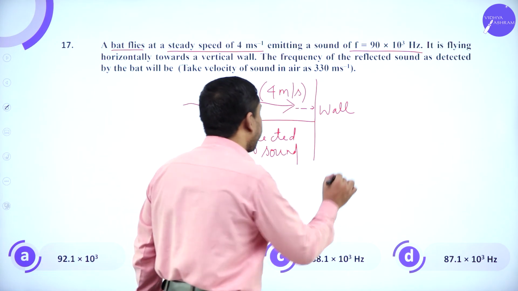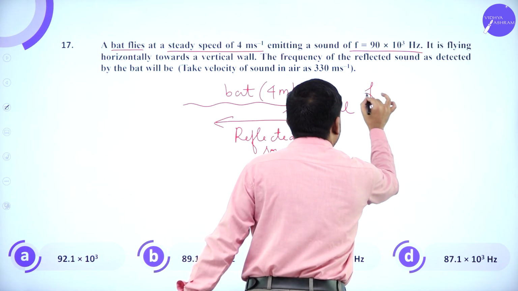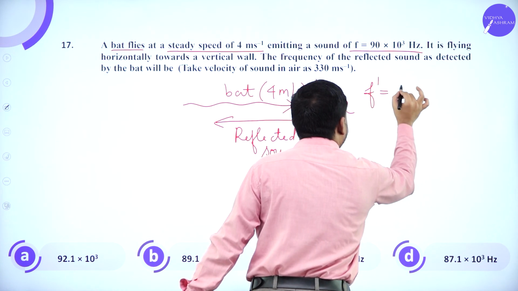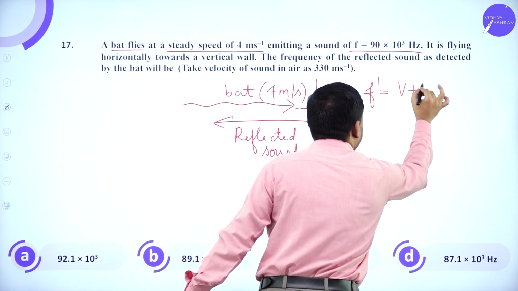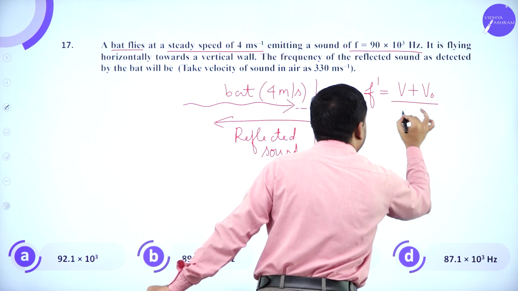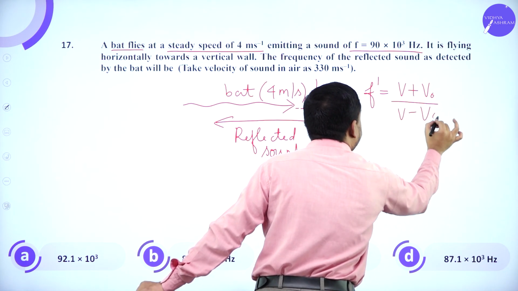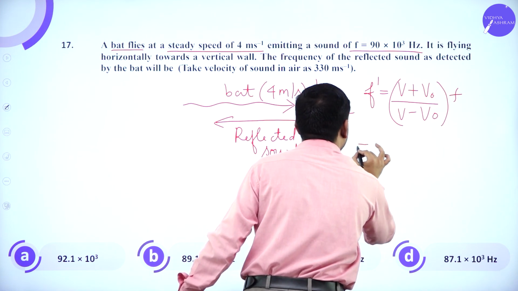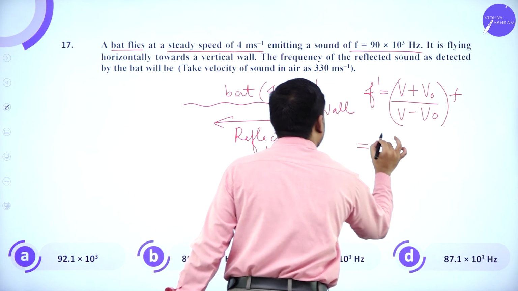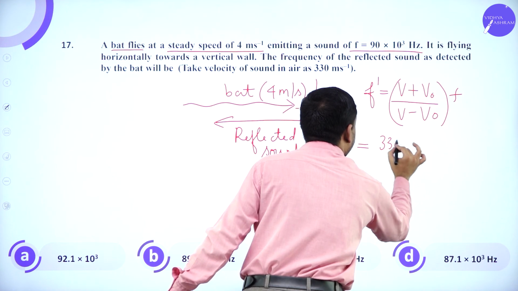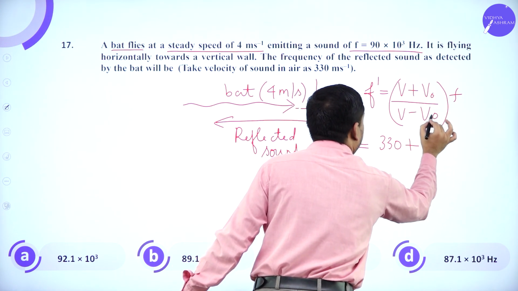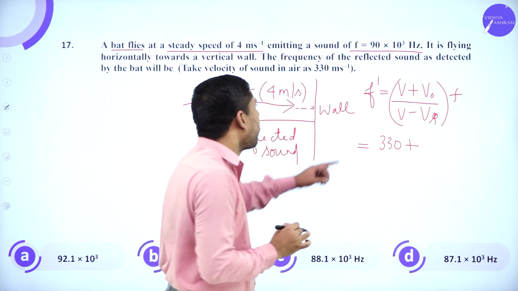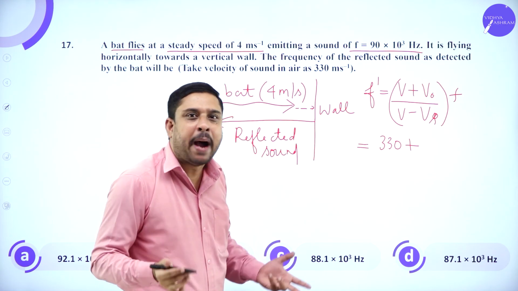So we know F dash is equal to (V plus V naught) by (V minus Vs) into F. V is the velocity of sound in air. Who is the observer? Bat.